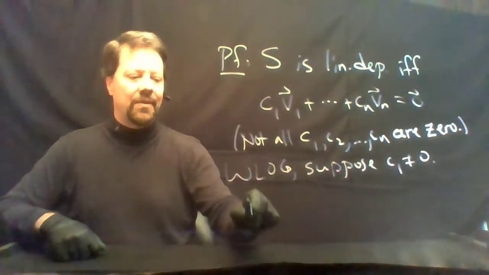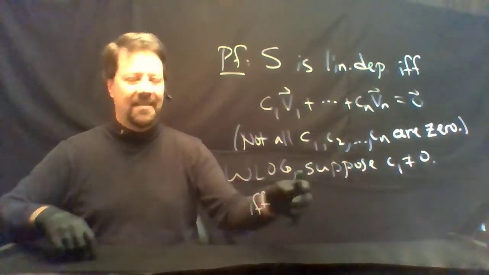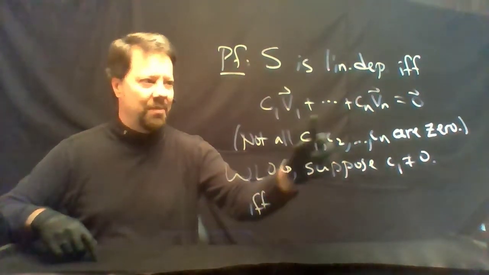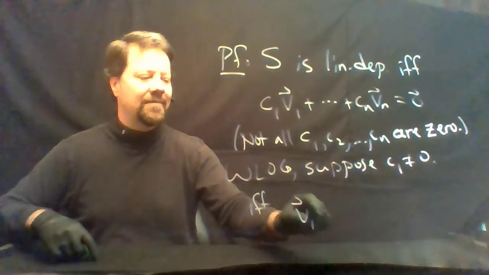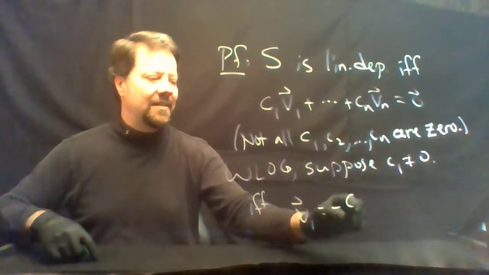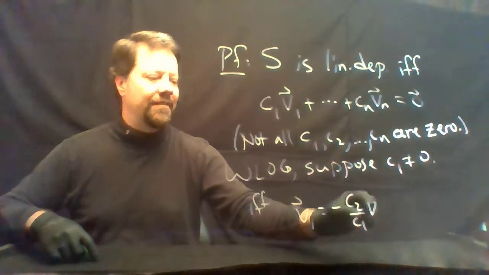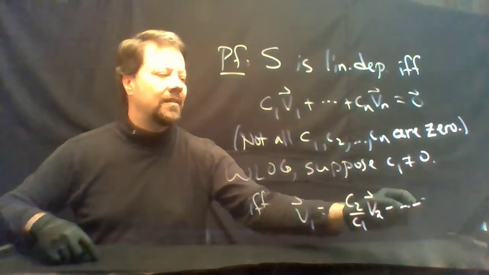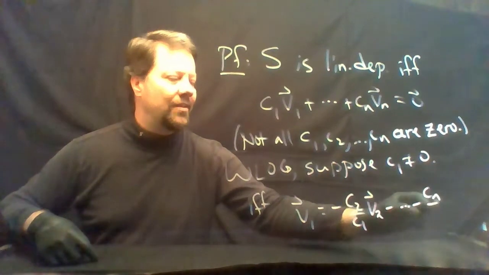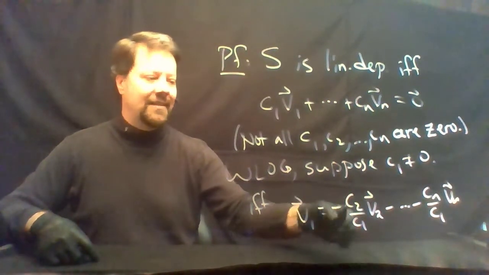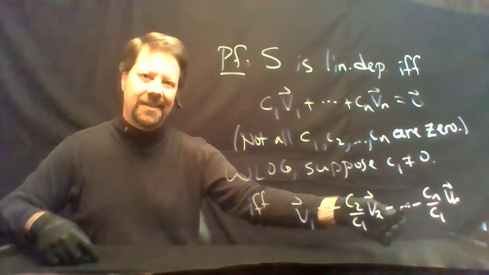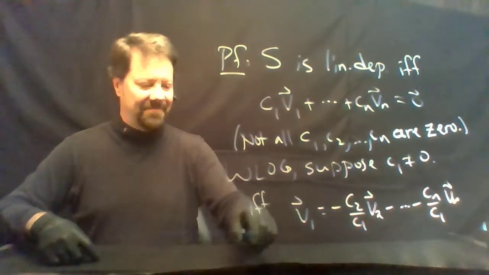Then this equation holds if and only if. You have to think about what you get when you move all the terms except for V1 over. We're going to solve for V1. You get minus C2 over C1 V2, and then minus Cn over C1 Vn. In other words, V1 can be expressed as a linear combination of the others.